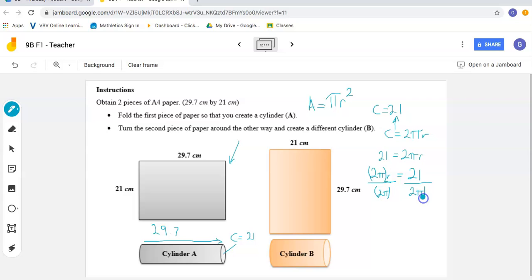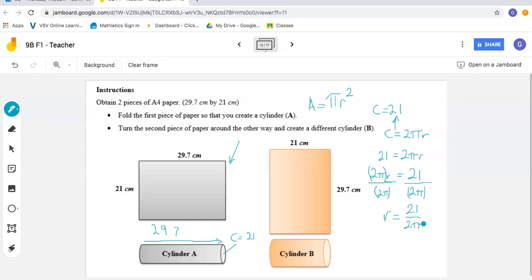I might put a bracket there so that you know that I've moved it. So then we're left with r equals 21 over 2 pi.